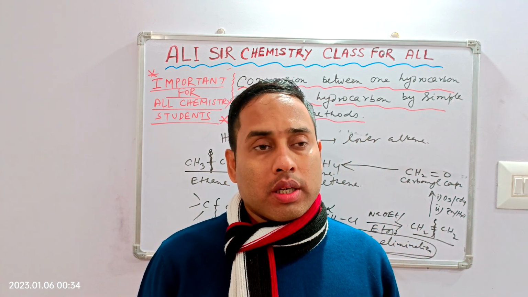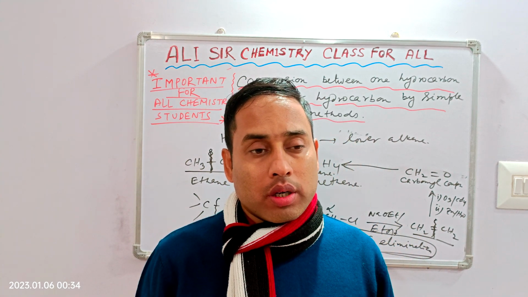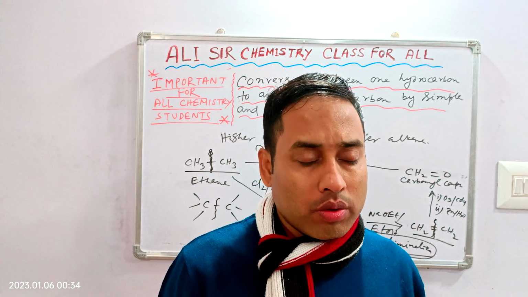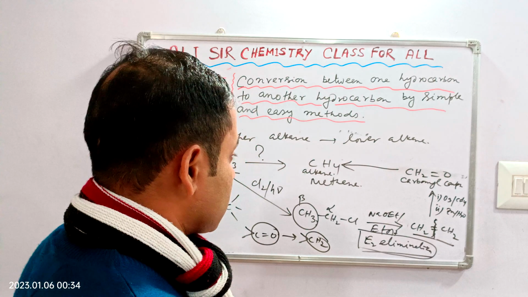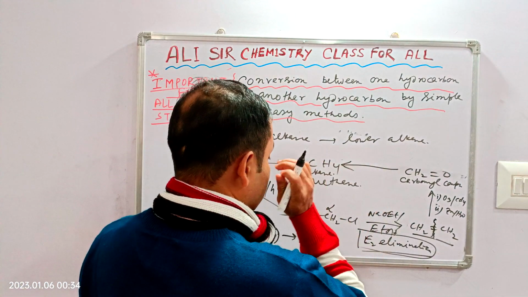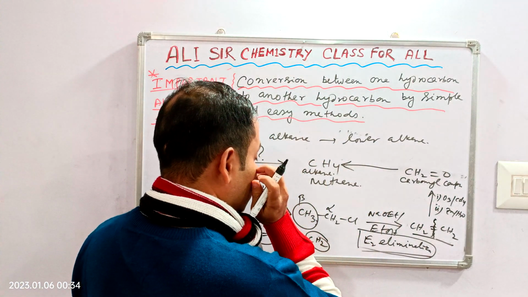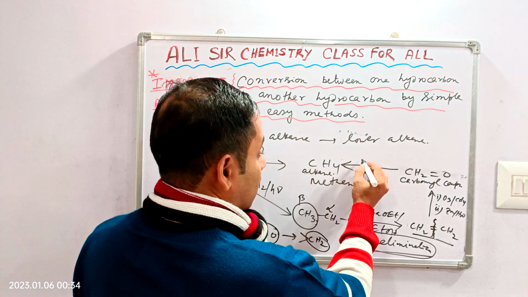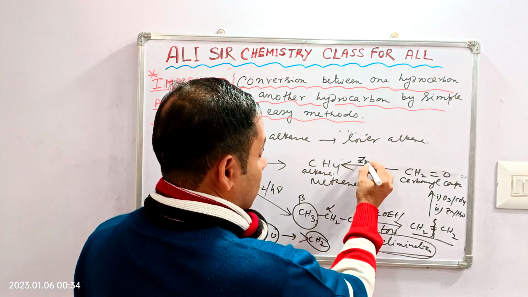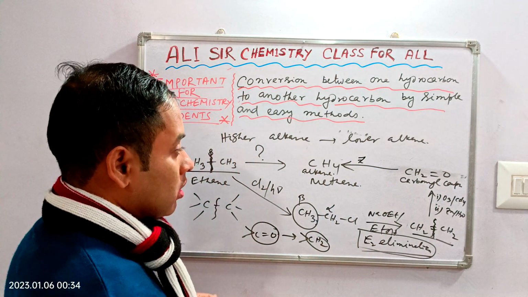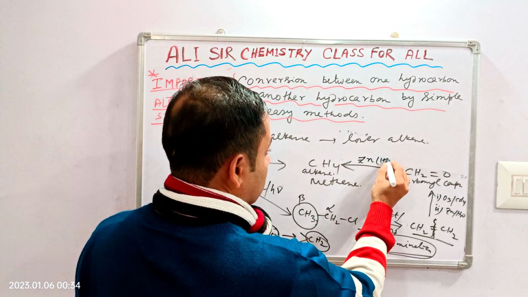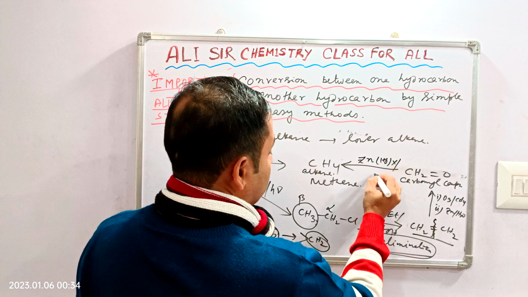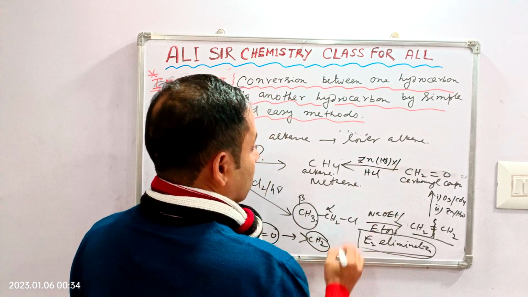But in the Wolff-Kishner reduction we use basic medium. You can use either Clemmensen or WK reduction. I am using the Clemmensen reduction: zinc amalgam, Zn-Hg, and HCl.